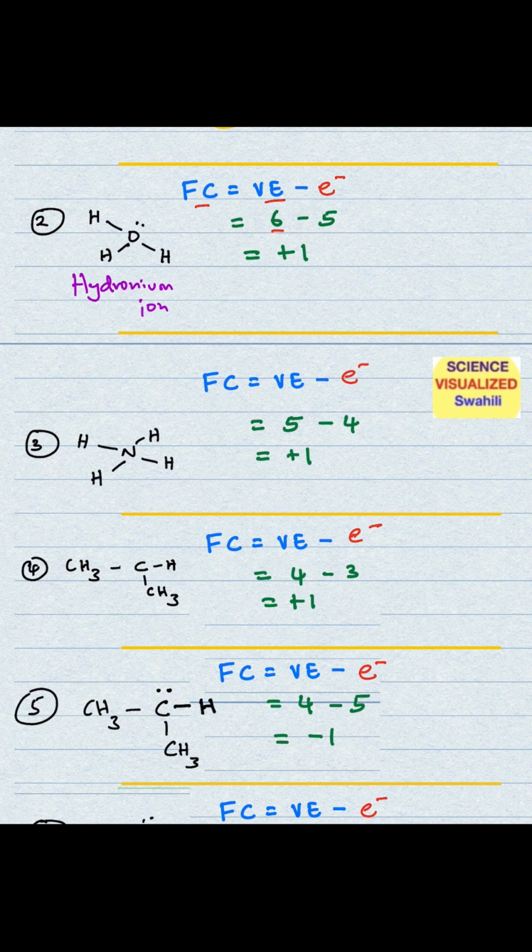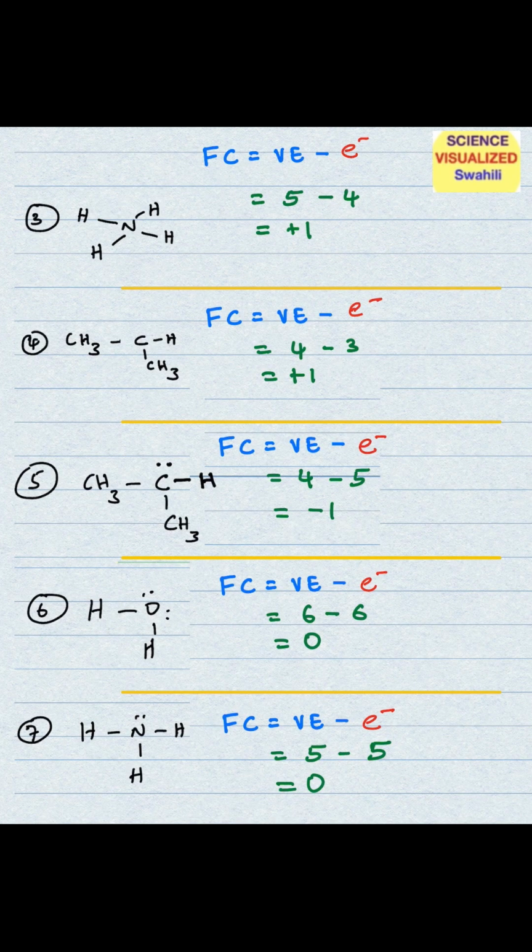For each bond, oxygen contributes 1 electron, 1 electron, 1 electron, so that's a total of 3, and then plus these 2 here. That makes a total of 5 electrons. So 6 minus 5 gives you plus 1. Therefore the hydronium ion has a charge of plus 1, and you'll see it written as this.